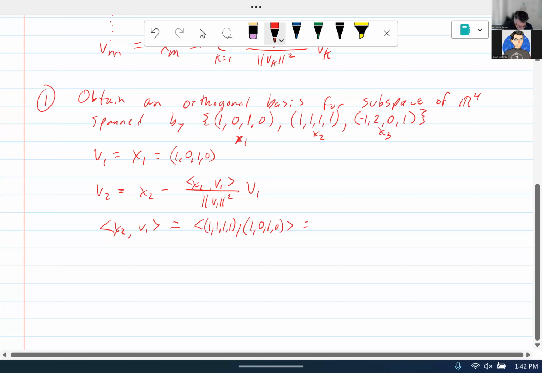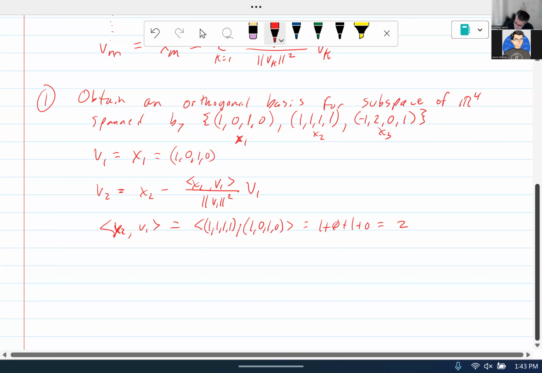Which is just going to be equal to 1 plus 0 plus 1 plus 0, which is 2. Okay, so the 2 is going to be on the top.